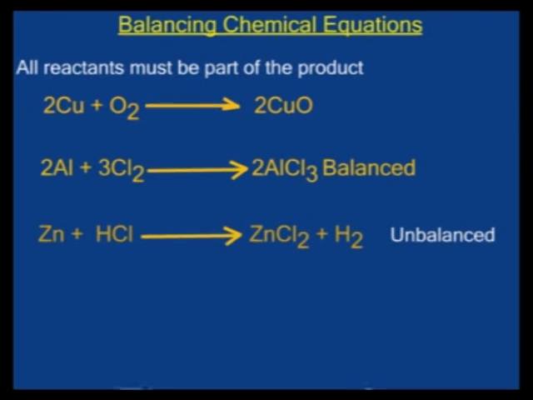Zinc plus hydrochloric acid will give me zinc chloride plus hydrogen gas. This again is unbalanced. But if I multiply the hydrochloric acid by 2, the equation becomes balanced. The number of atoms on the left-hand side, that is the reactants, equal those on the right-hand side, that is the products.